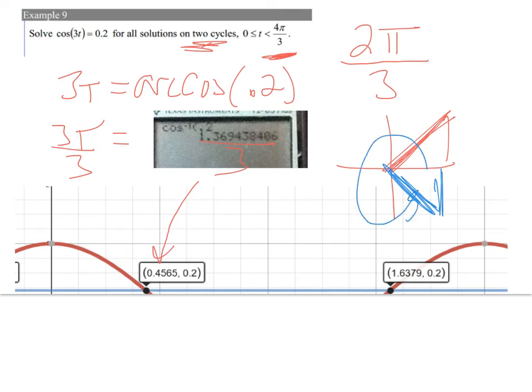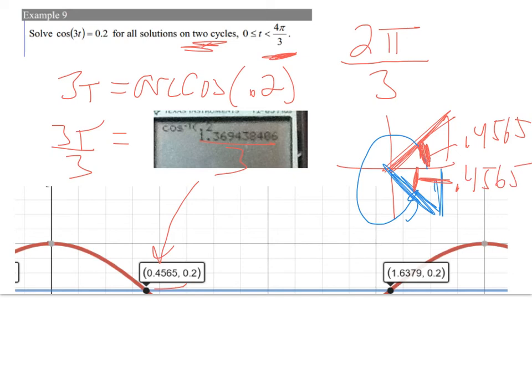Okay, so we've got to take that reference angle, which we just calculated, 0.4565, and we're going to subtract. That's how big that angle is also, 0.4565.